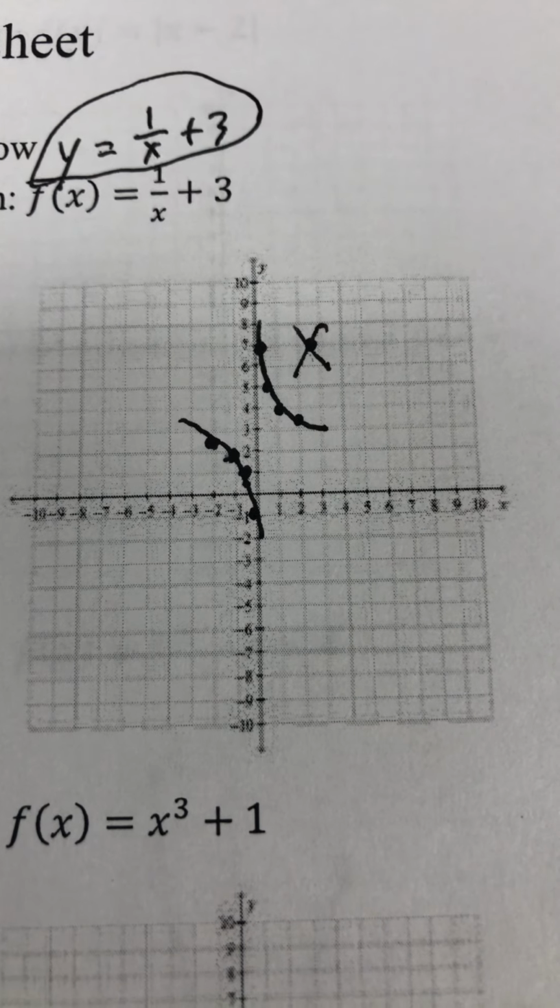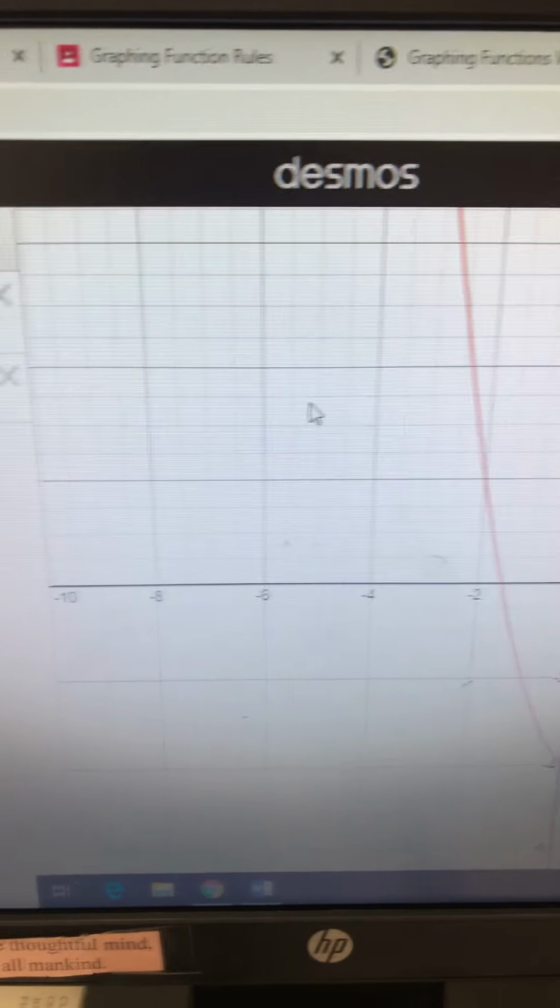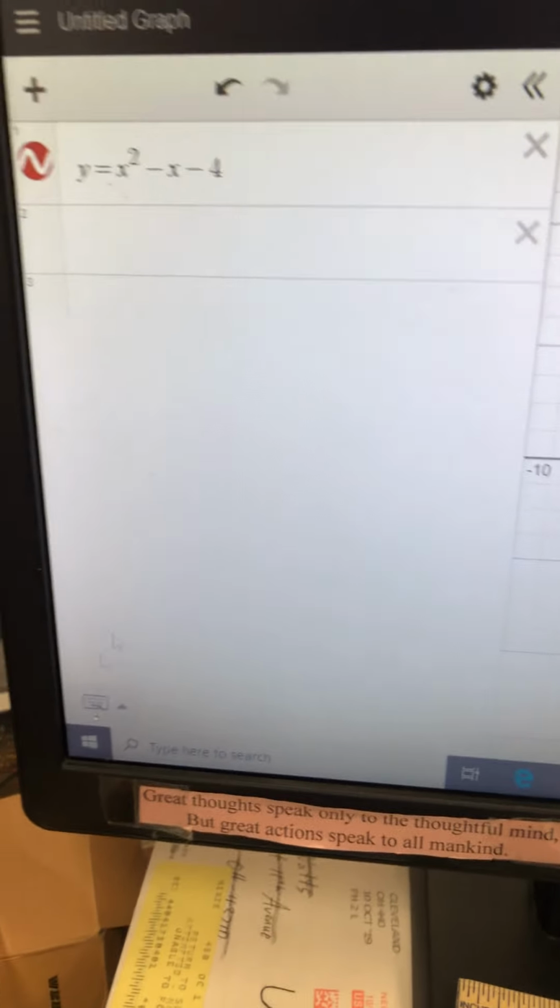Another site that I was using is Desmos, and you could use this on your computer. Just Google Desmos, and you could type in anything.